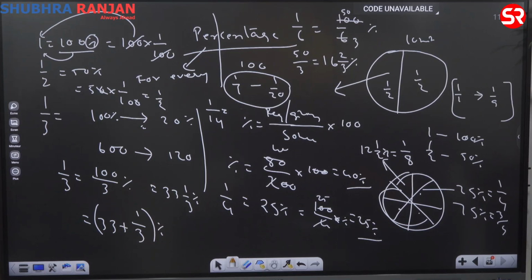Do it fast. 1 by 1, 100%. 1 by 2, 50%. 1 by 3, 100 by 3%. So 33 1 by 3%. 1 by 4, 25%. Like that.